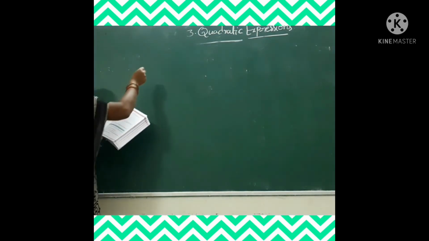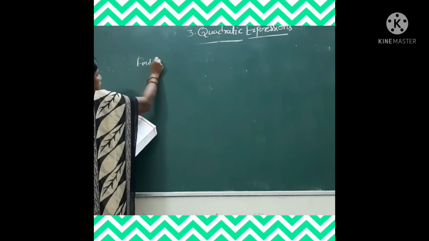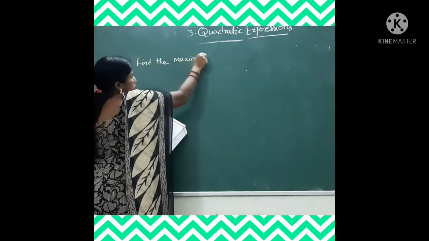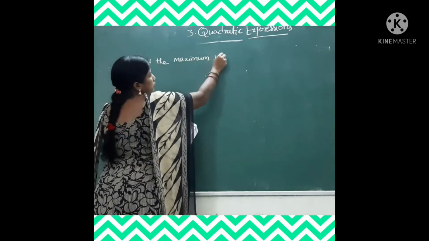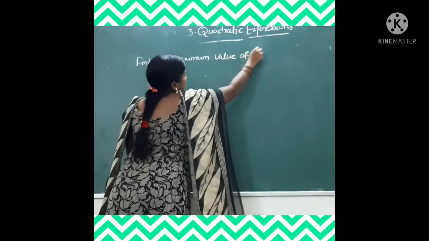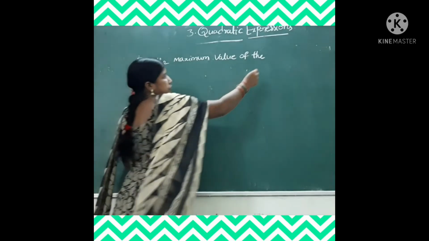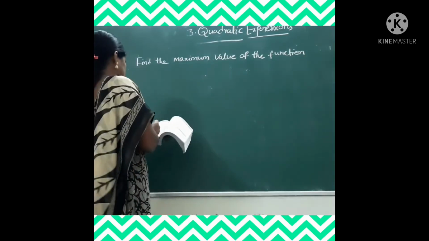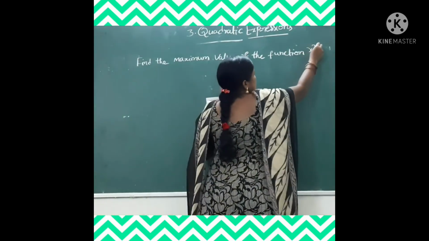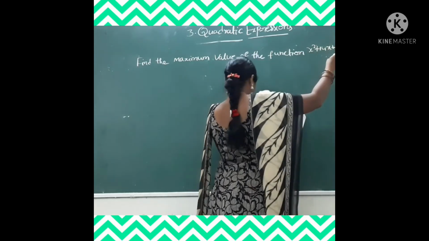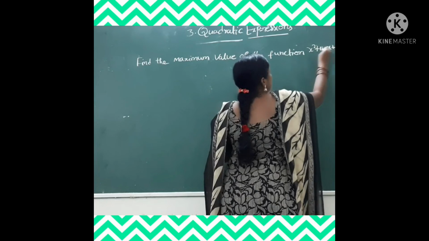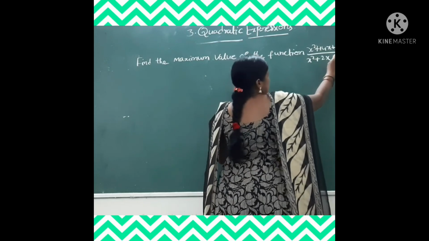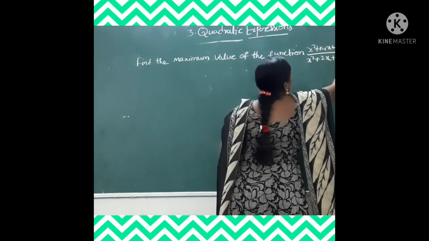Example sum. Find the maximum value of the function x square plus 14x plus 9 by x square plus 2x plus 3 over all.